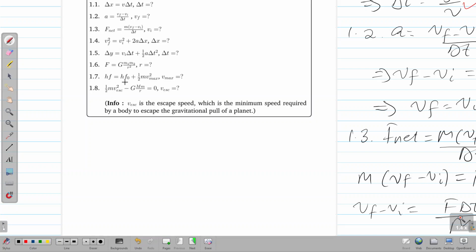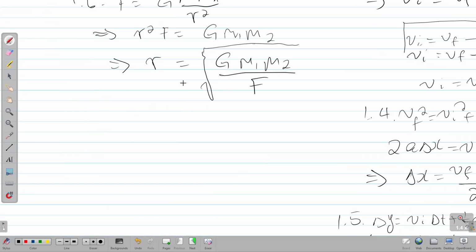And then 1.7, this is the photoelectric effect equation. So hf is hf naught plus half mv squared, and then we're asked to solve for V maximum.